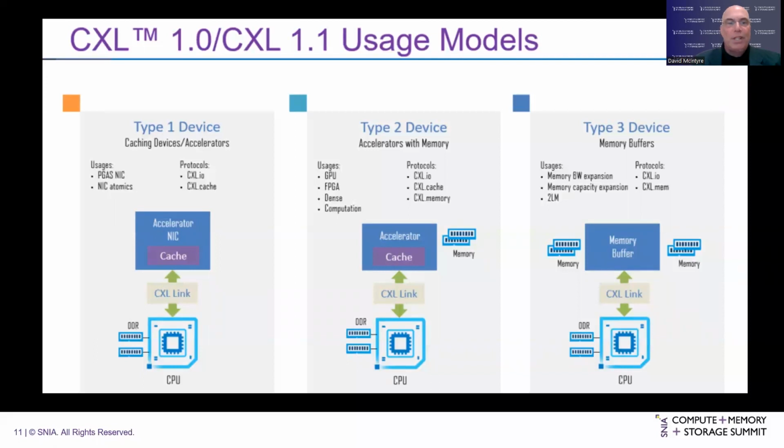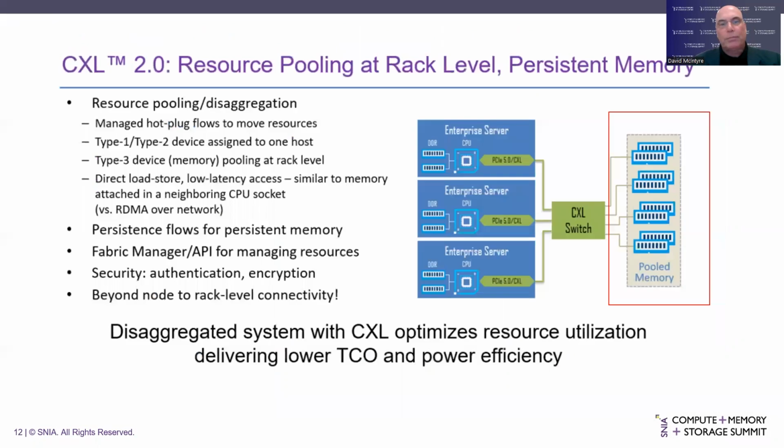And then jumping to CXL, of course, we know about the three device types. SmartNICs, very good with type 1, type 2 on accelerators with memory, and type 3 with memory buffers. And then CXL 2.0, this is the version that provides us with that resource pooling and disaggregation benefit.